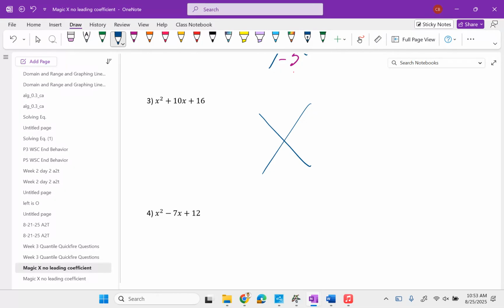Let's see if we can get that down. Okay, really quick, check it with somebody at your table.